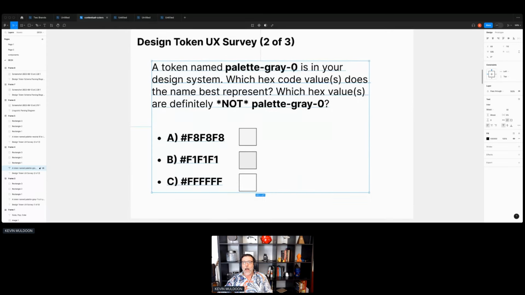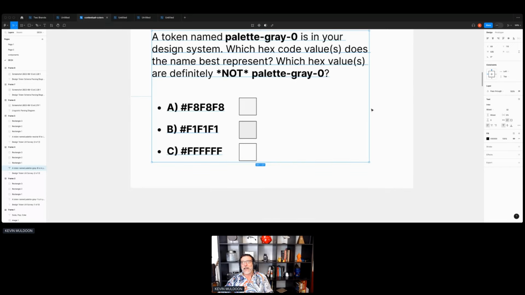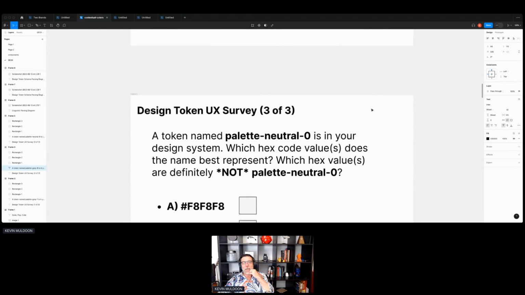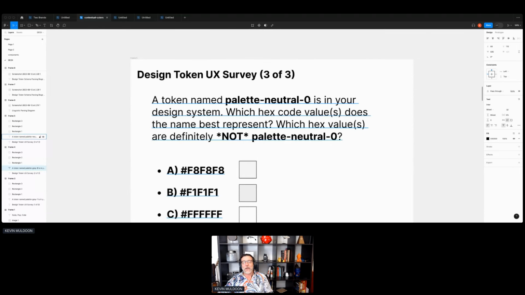Because while it's 0, and we know that 0 is none, we still have this concept of a gray, which is a noun, which is something. So we have palette something none. So we still have quite a bit of cognitive dissonance there. But what if we decided to remove the gray, remove the noun, and replace that with an adjective?